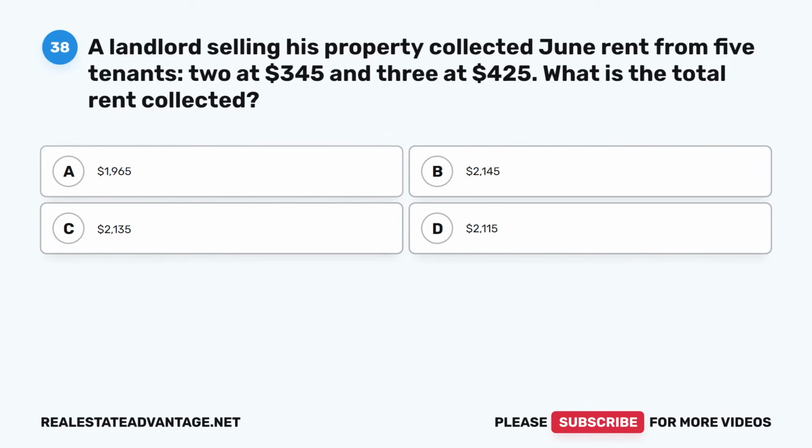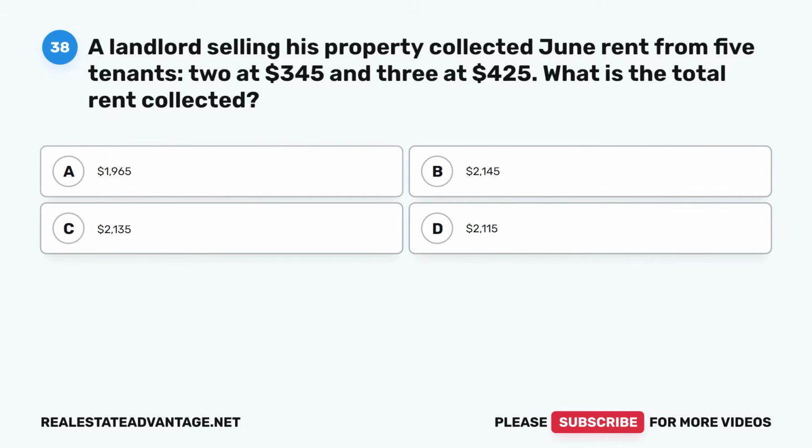Question 38. A landlord selling his property collected June rent from 5 tenants, 2 at $345 and 3 at $425. What is the total rent collected? A. $1,965. B. $2,145. C. $2,135.